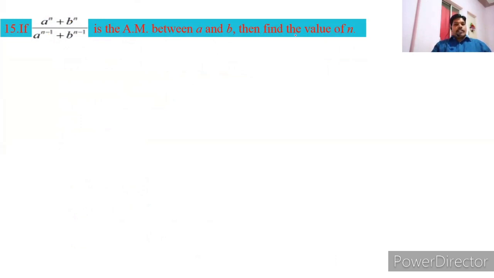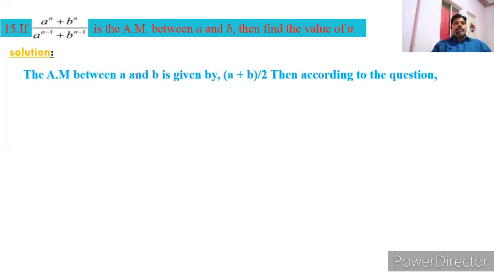So how to find this value: already, the arithmetic mean between a and b, what is the formula? It is (a + b)/2. But in the question, what they have given, the arithmetic mean between a and b is (a^n + b^n)/(a^(n-1) + b^(n-1)). Then what is the value of n? They are asking what is the value of n.